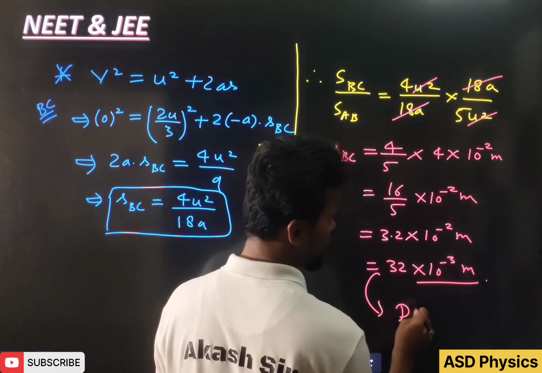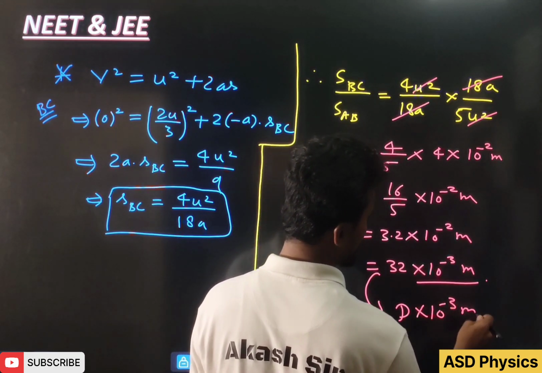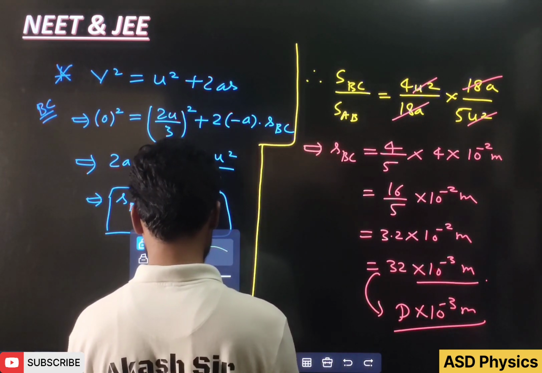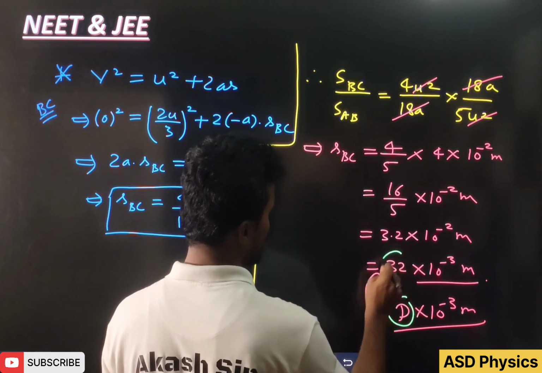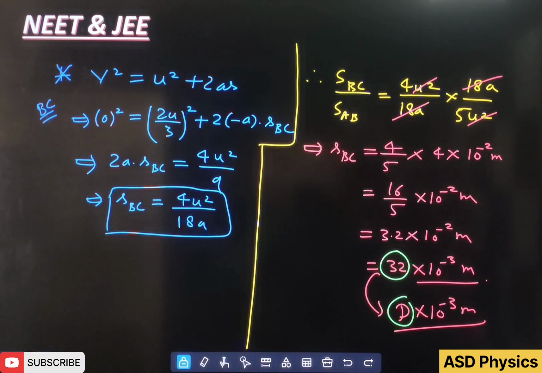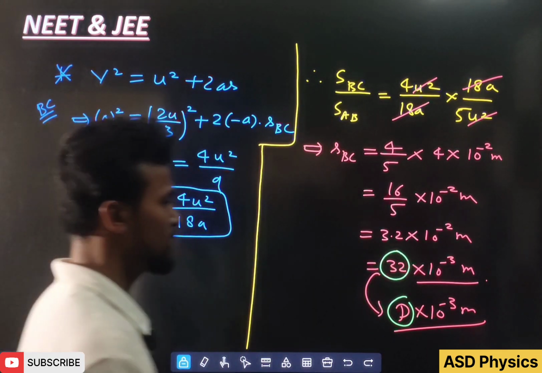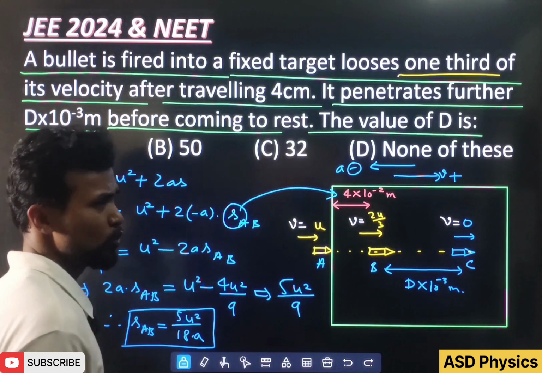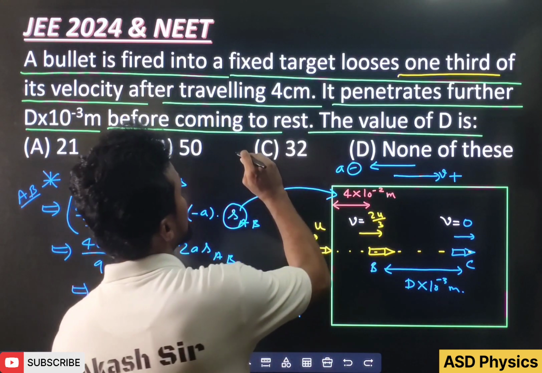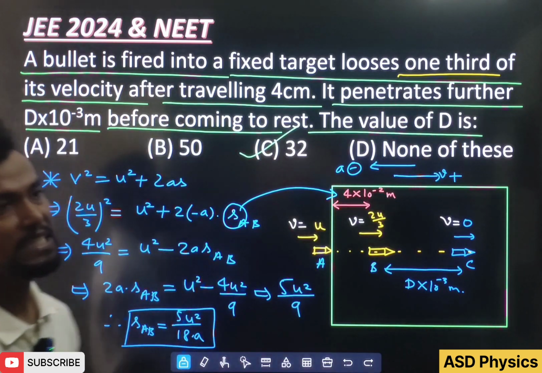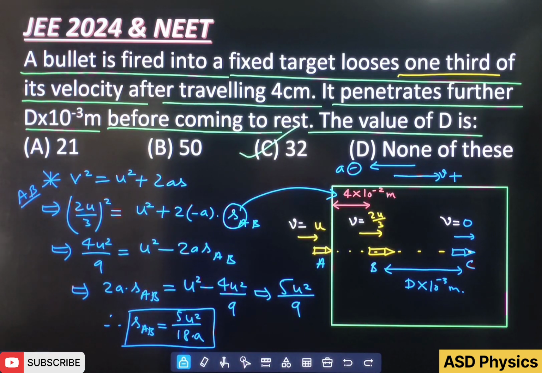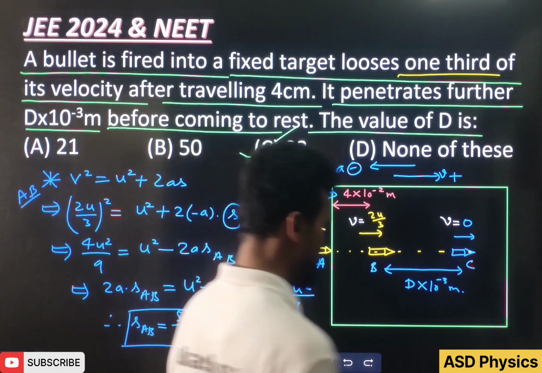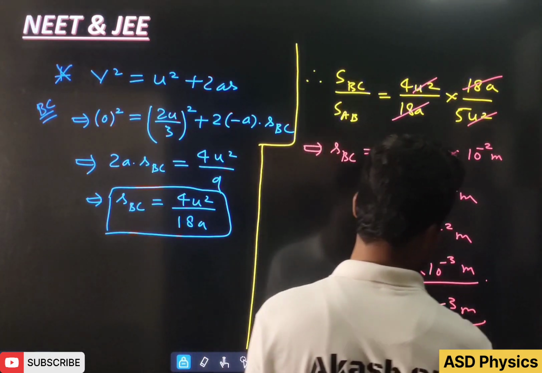And this we have to compare with d into 10 power minus 3 meter. So what do you think here, students? What is the value of d? This is the d, this is the 32. Okay, this is the basics. But when the question came that year, I think the option was not matching, so they gave a bonus point as I have got it. But here I have taken some options so that it can correlate, and here the answer is 32. Okay, 32. Great. This also we have done.